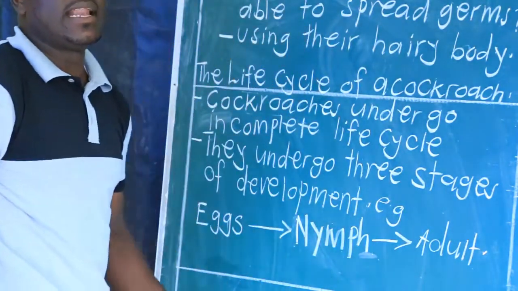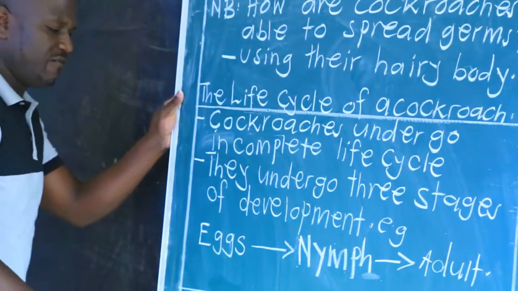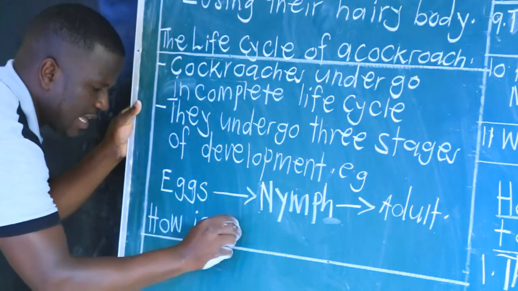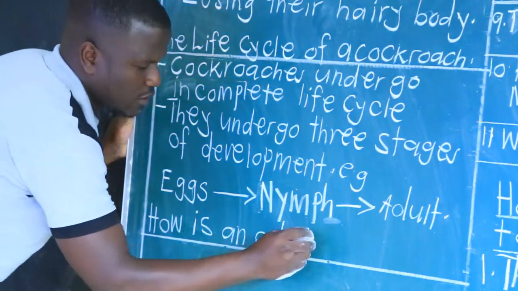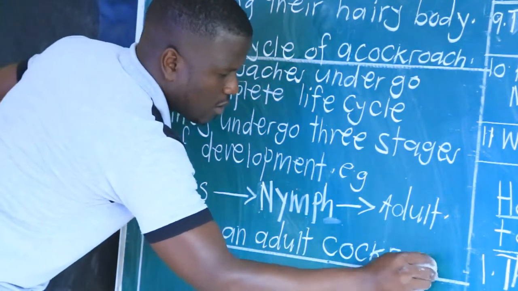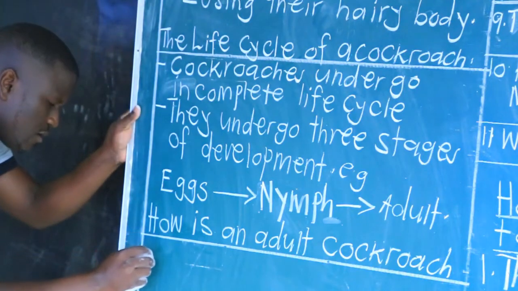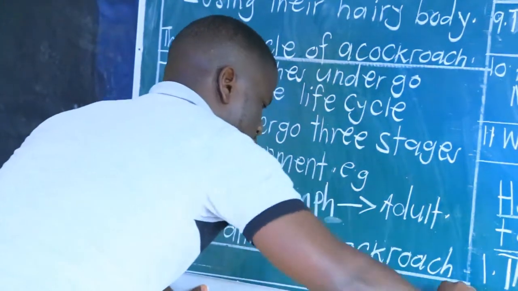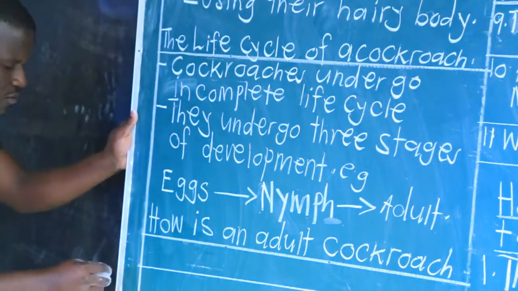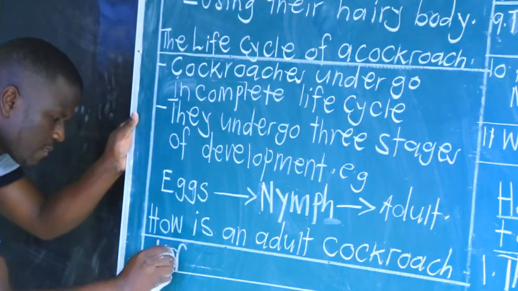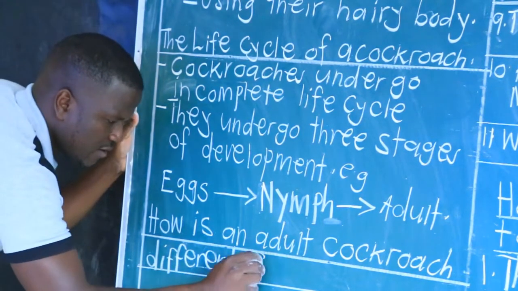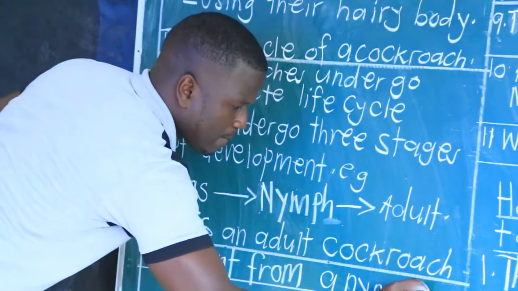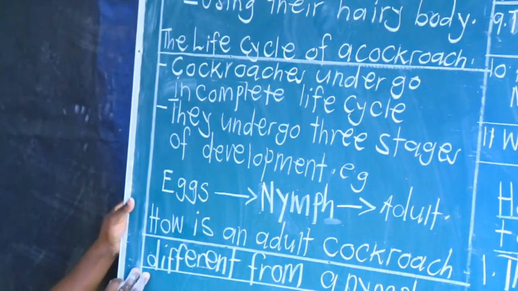How is an adult cockroach different from a nymph?